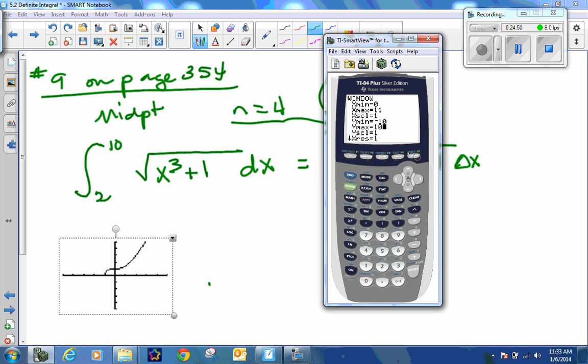All right, graph it. It's getting chopped off here, so I'm going to make that 0 because it doesn't look like it went under. And let's try this under here at 50. And graph, see what it looks like.